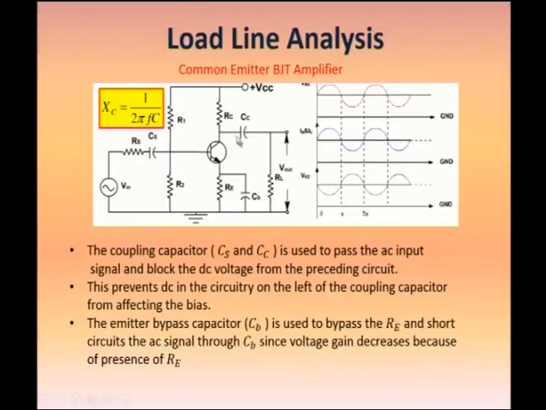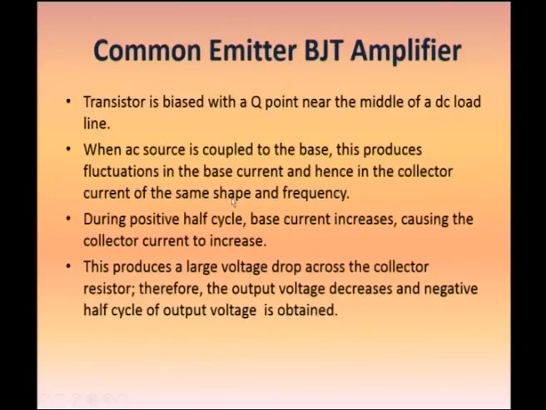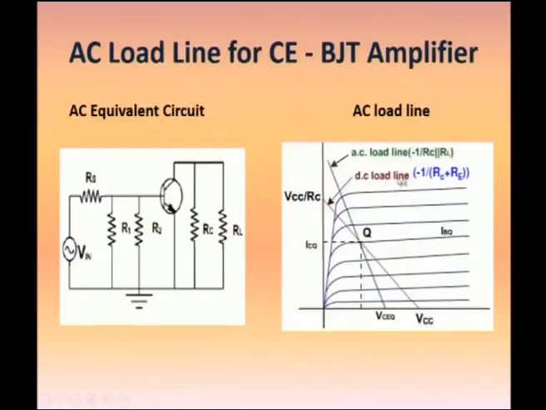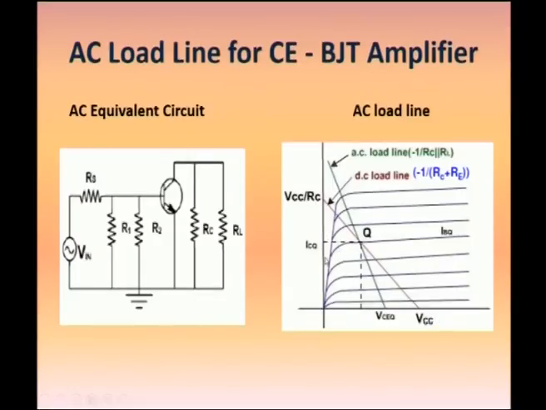So, when you draw the DC equivalent circuit, there are no capacitors, and RC and RE are in series. So, the DC slope is -1 by RC plus RE. So, you will have the Q point here as well as at the x axis here. Wherever the DC load line intersects the IB curve, you will have a Q point.